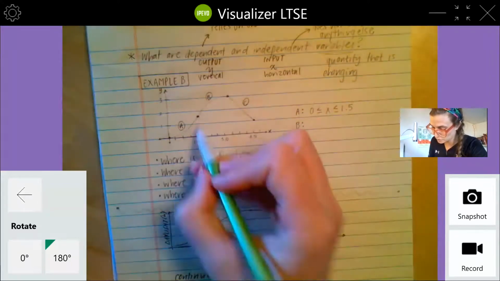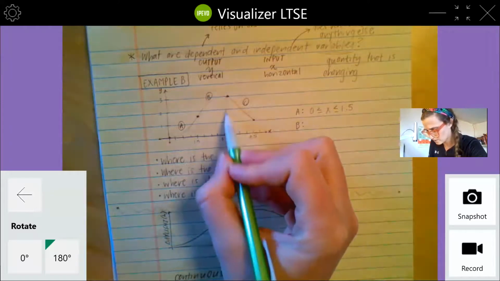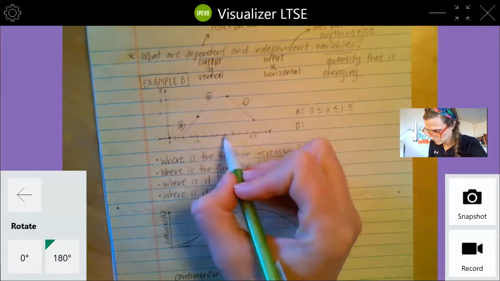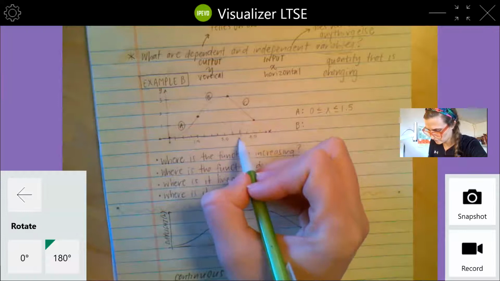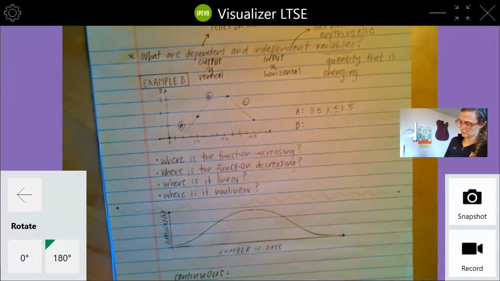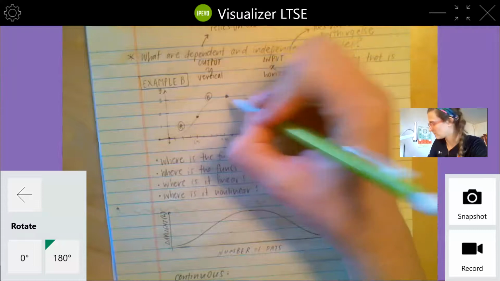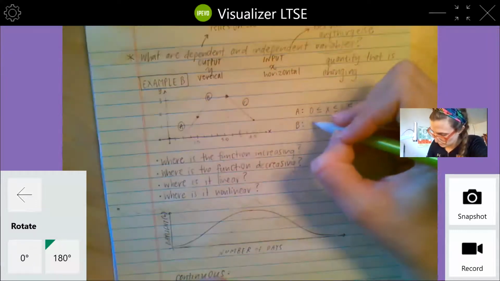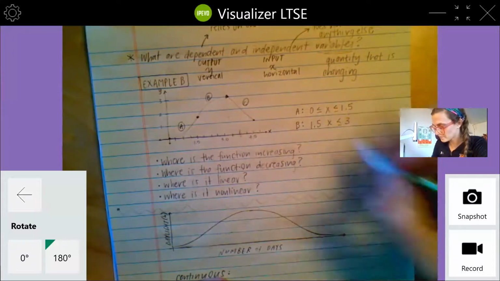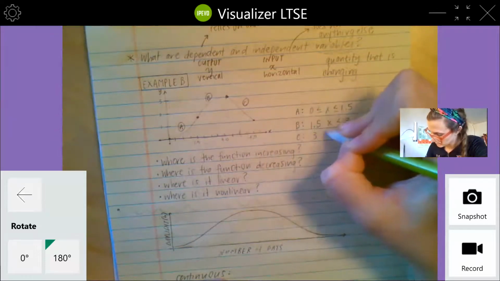Interval B goes from 1.5 to right around 3. Okay? So B is going to go from 1.5 to 3. And then interval C goes from 3 to 4.5.